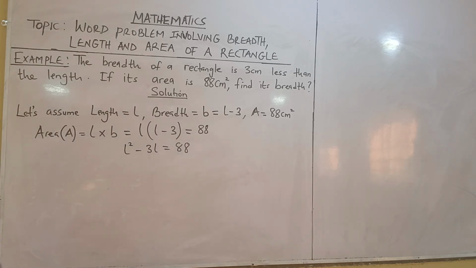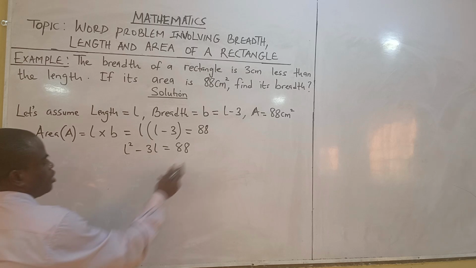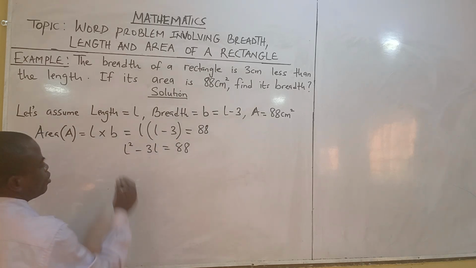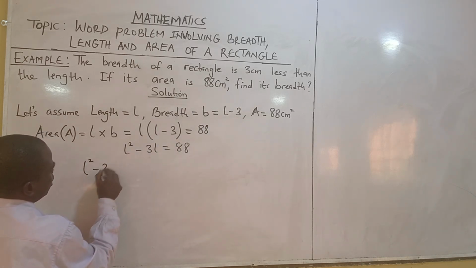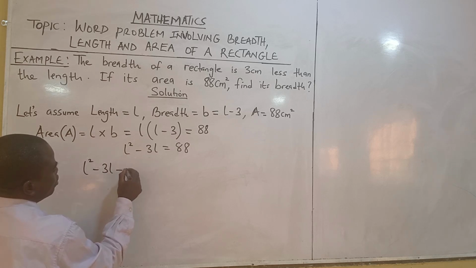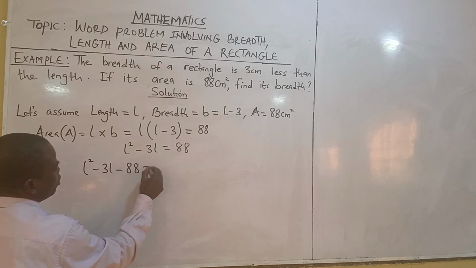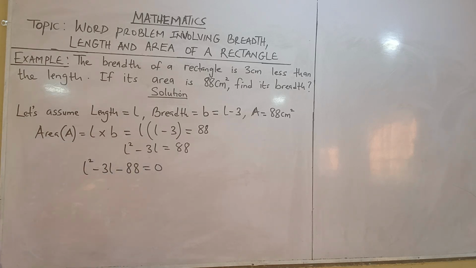Let's turn it to a quadratic equation. Take 88 across the equal sign, it becomes L squared minus 3L minus 88 equals 0. Is that okay?